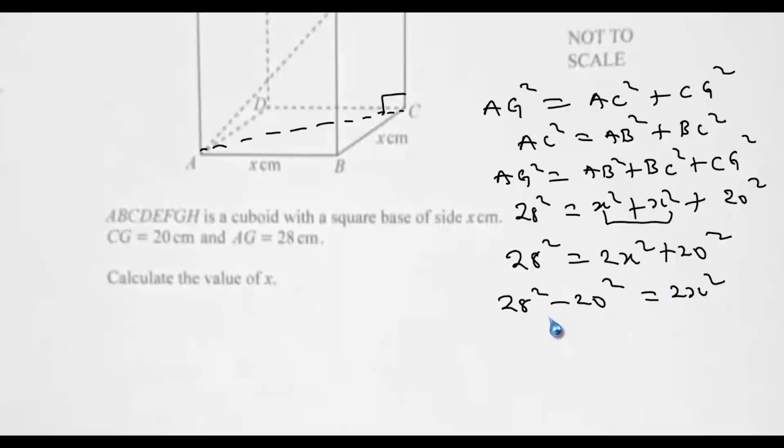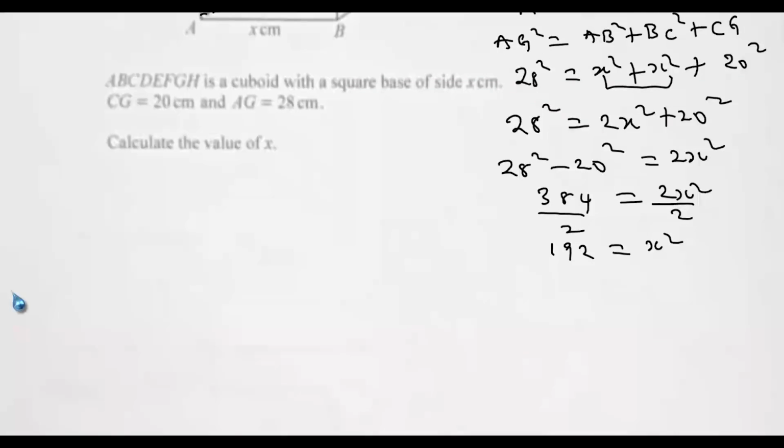If you press this on your calculator, it will give you 384 equals 2x squared. If you divide both sides by 2, you get 192 equals x squared. And finally, if you take the square root of both sides, x will be equal to the square root of 192, and x equals 13.9 centimeters. So that's the value of x.